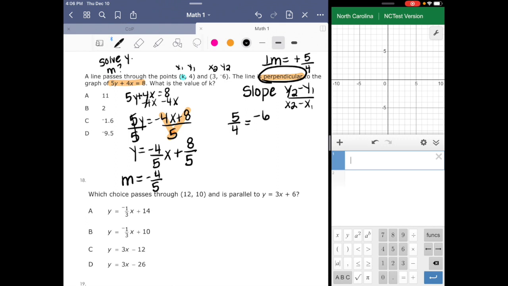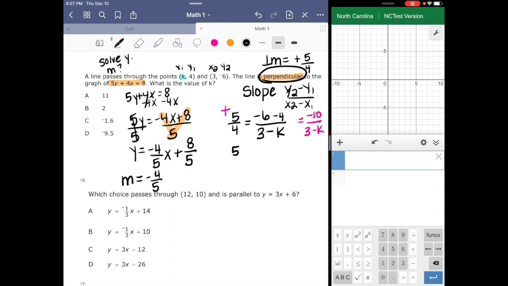So my y2 is negative 6 minus 4, and then x2 is 3 minus k. Now, when I'm looking at this problem, I can see that this piece right here is positive, but if I add up these two, this is going to be negative 10 over 3 minus k.